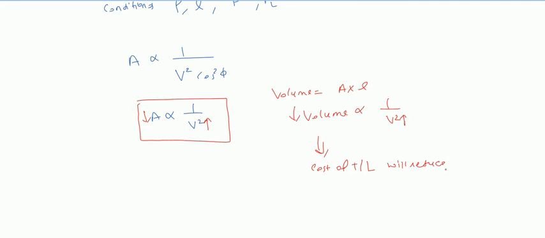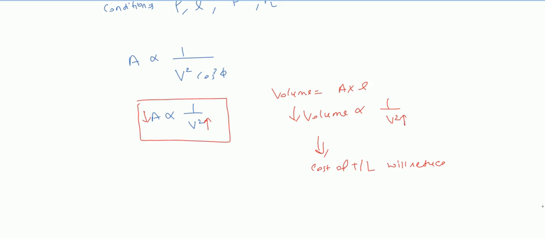So we are getting many benefits with higher voltage of the transmission line, right? The losses are getting reduced, power transfer capability is getting maximized, and the volume of the conductor we require is getting reduced. So there are many advantages by increasing the transmission level voltage, right?